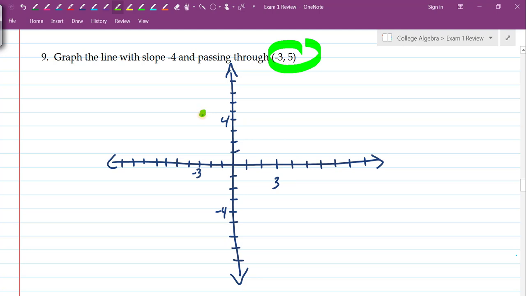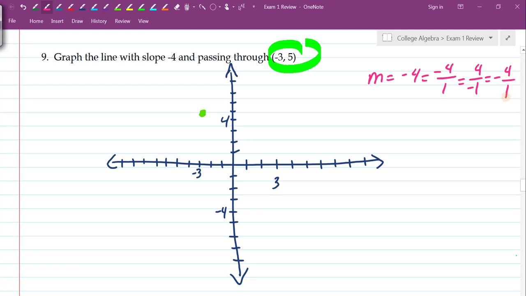The next thing we want to do is plot the slope. Notice the slope is -4, so slope m is equal to -4. That's the same thing as -4 divided by 1, which is the same thing as 4 divided by -1, okay? Or you could just say -4 divided by 1.